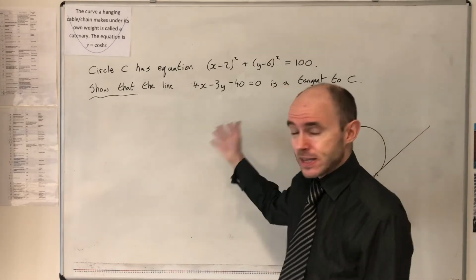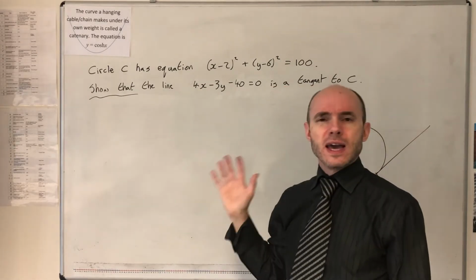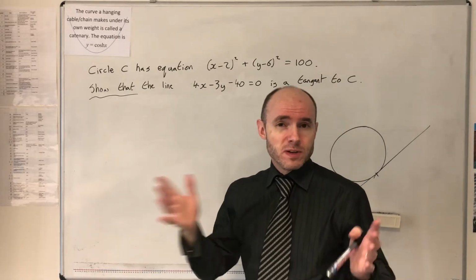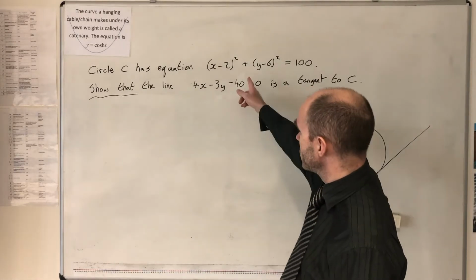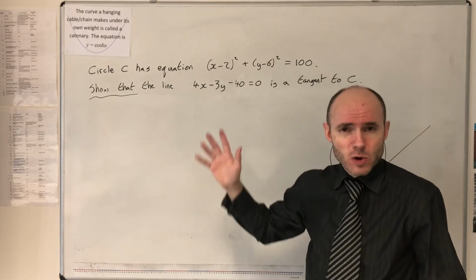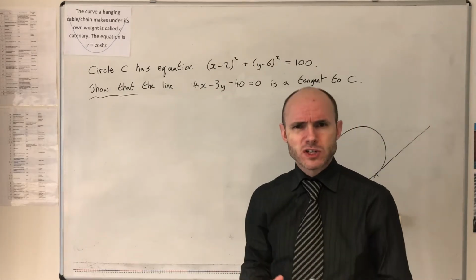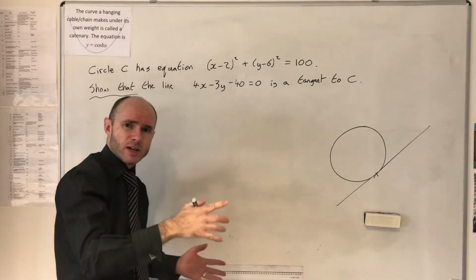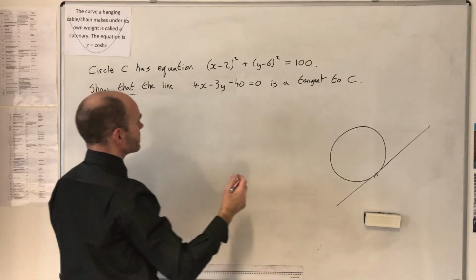This is a nice question, in simultaneous equations with a quadratic and looking at what the discriminant is. So as you know, when you've got the intersection between a line and a curve, you need to solve them simultaneously. So let's get on with that. We'll need to rearrange this, make either x or y the subject. Let's make y the subject.